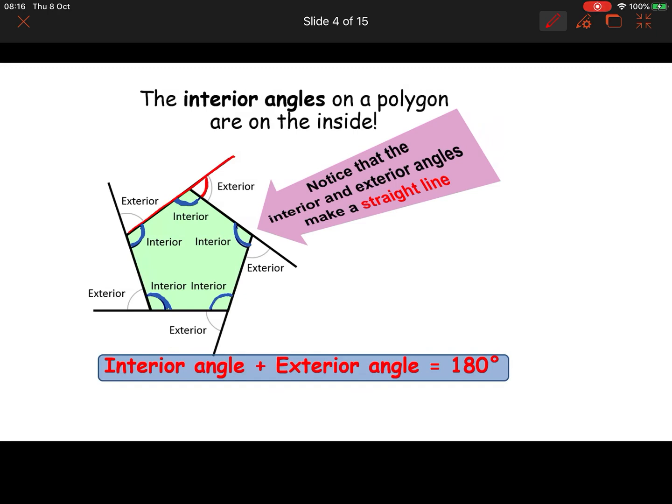That's an exterior angle. And so what you can see, because it's made from a straight line, an interior angle and an exterior angle are linked. They always sum to 180 degrees, as it says there. That's a very, very important formula, so I suggest you write that down. Okay, an interior angle plus an exterior angle is always equal to 180 degrees.